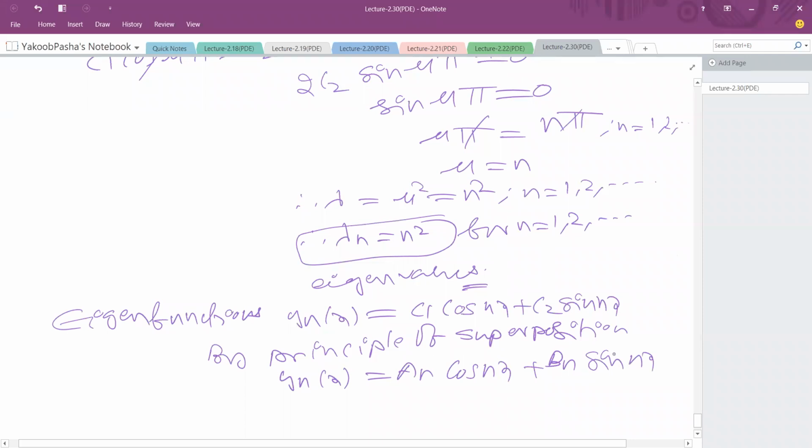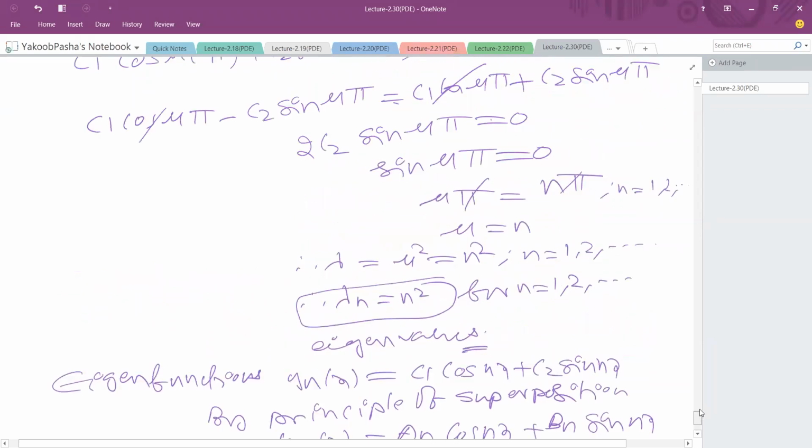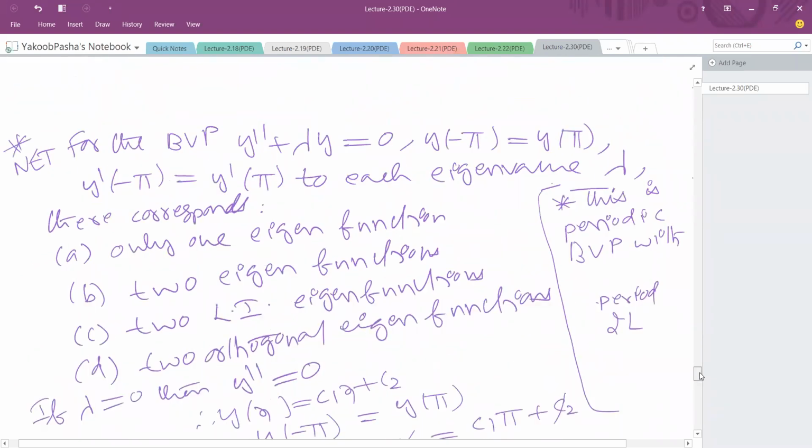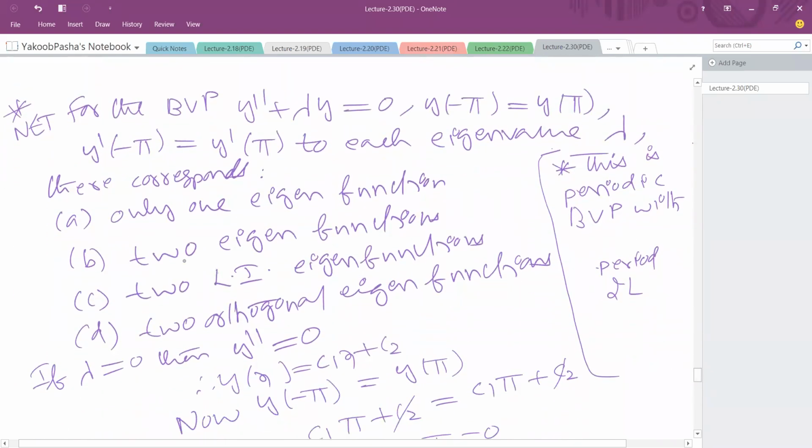Now these are the eigenfunctions. Now we can check the options here. First option, only one eigenfunction. We have two eigenfunctions. Second option is right: two linearly independent eigenfunctions, two orthogonal eigenfunctions.